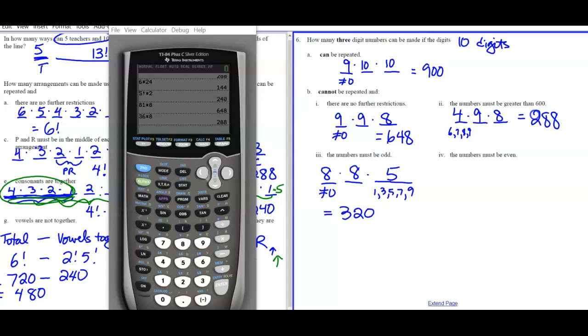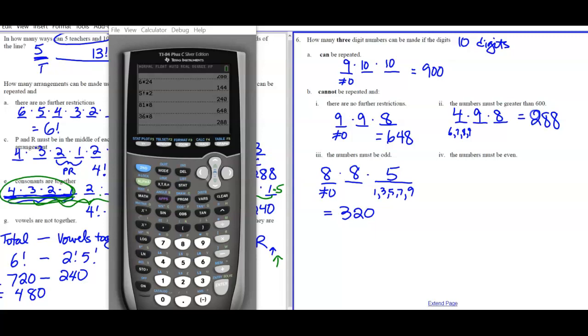Like the original equation with no restriction, 998, and then the one right next to it is 490. But this one doesn't allow the two numbers. Well, this has only one restriction on it. This has two things, right?